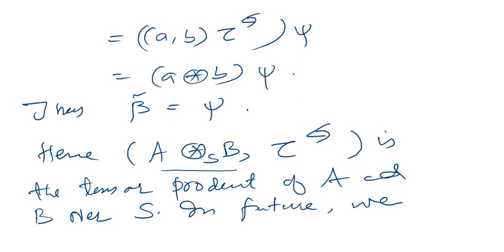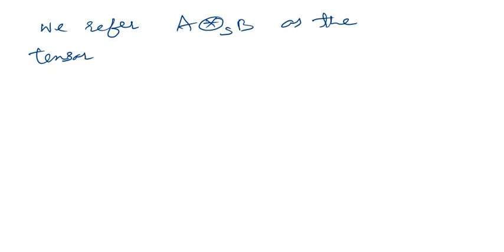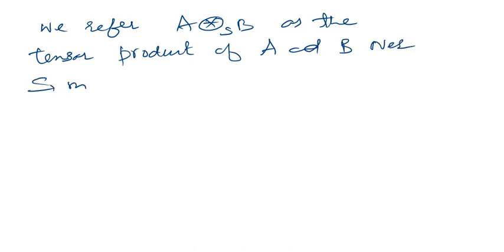In future we refer to A tensor B over S as the tensor product of A and B over S instead of the pair.